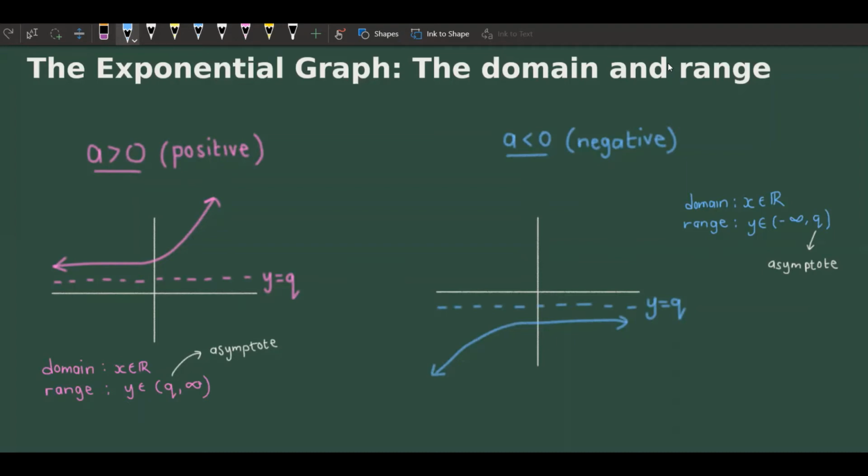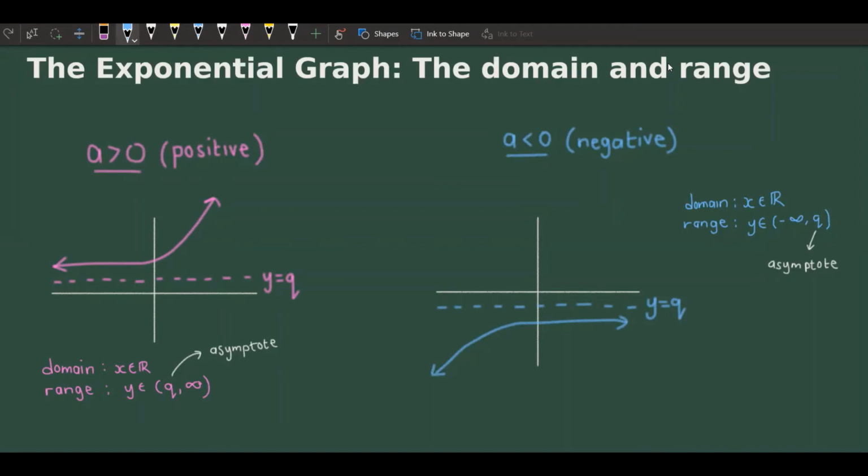However, if you have a look at the range, there is nothing under the asymptote. So our range is y is an element from q, which is the asymptote, and it's got a round bracket because it's excluded, to infinity. So that is the positive case. It is from the asymptote to infinity.